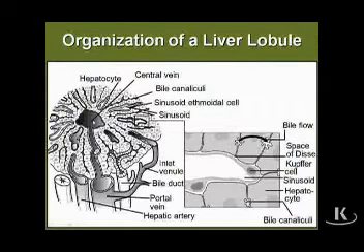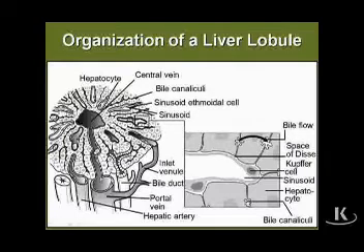This liver lobule organization organizes a region of the liver into a blood and bile flow functional diagram, in the sense that the central vein in the middle of the liver lobule is the recipient point of all of the blood that is entering at each of the 6 points of the liver hexagon.